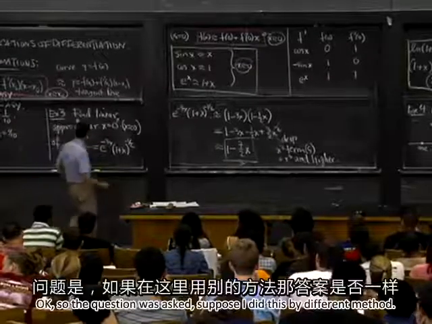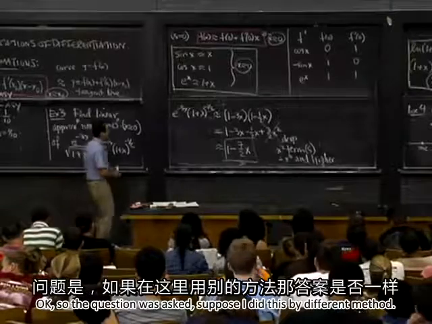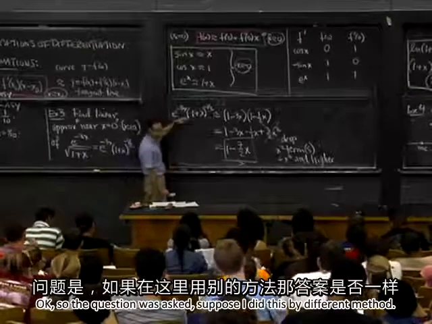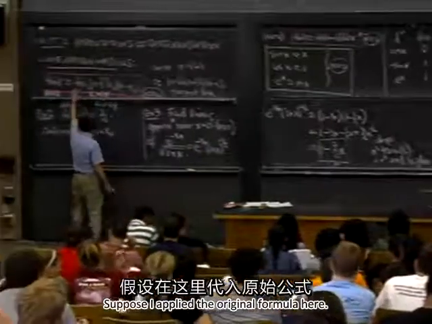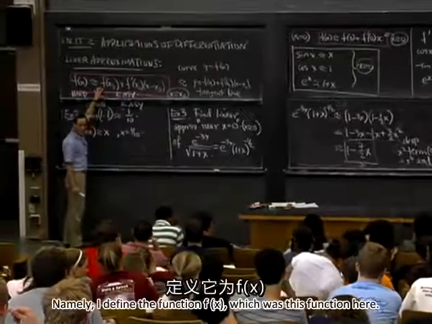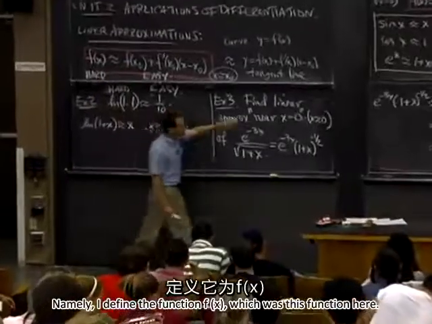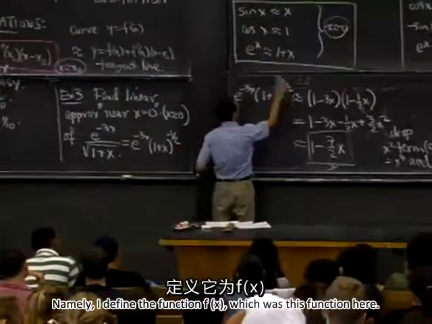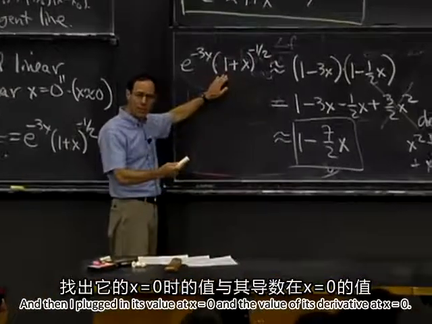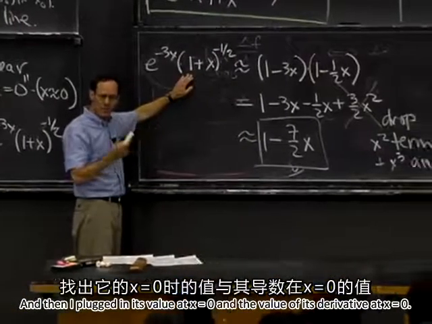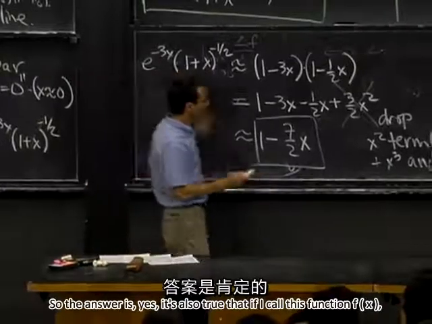The question was, suppose I did this by a different method. Suppose I applied the original formula here, namely, I defined the function f of x, which was this function here, and then plugged in its value at x equals 0 and the value of its derivative at x equals 0. The answer is yes.